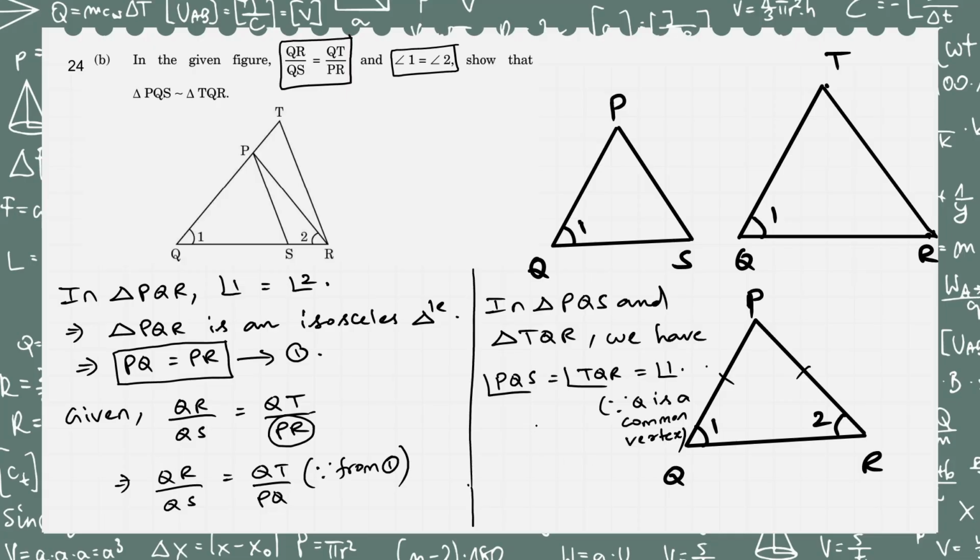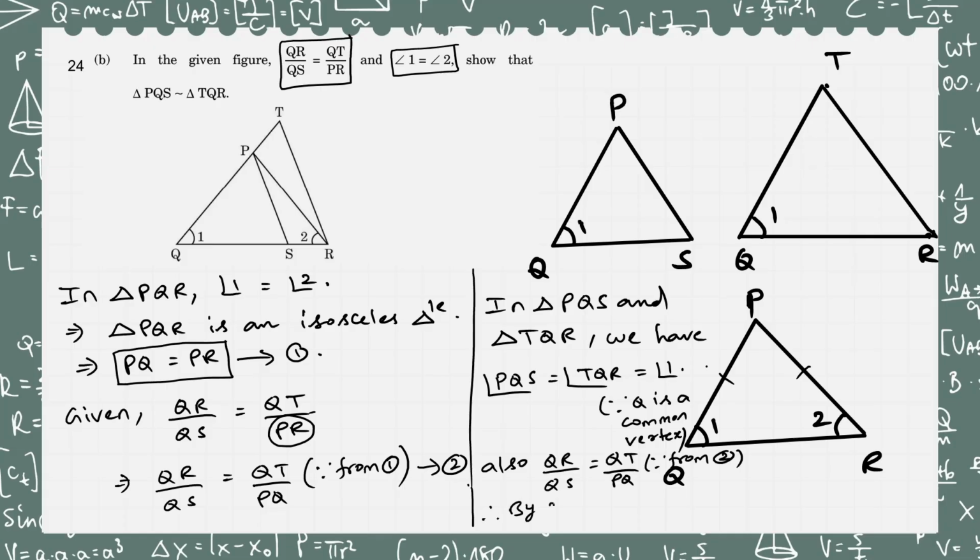Also, this ratio we can use, right? Also, QR by QS equal to QT by PQ. This we have already proved. We can call this equation 2, and give the reason: since from 2.